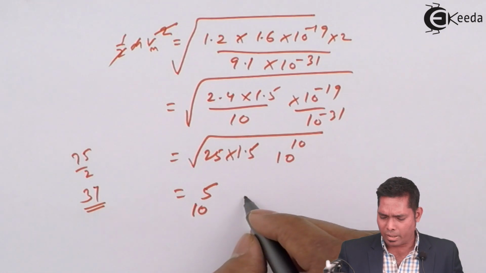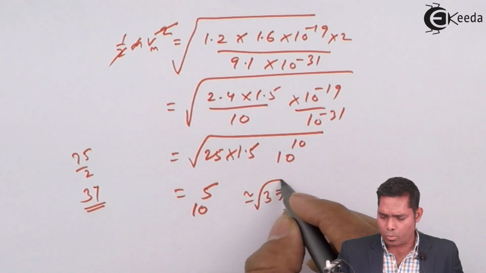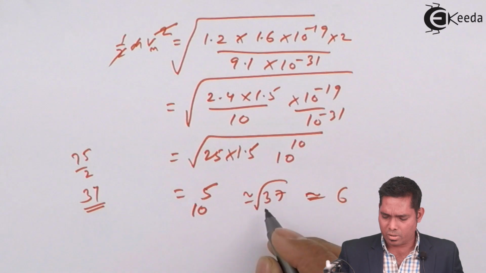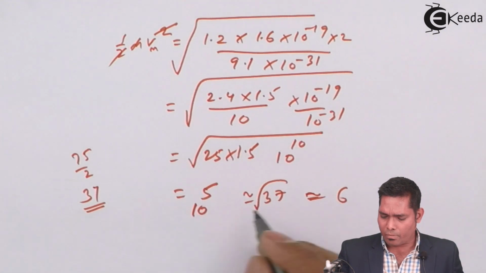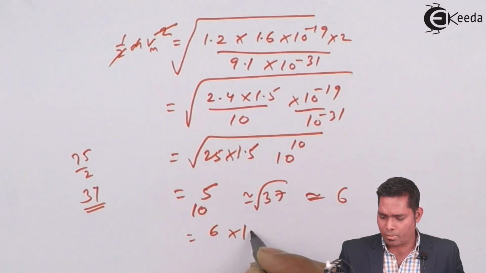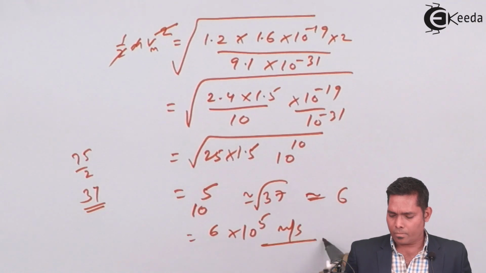I'll take it is 37 root, which is approximately 6. So what I'm getting? 6 × 10^5 meter per second.